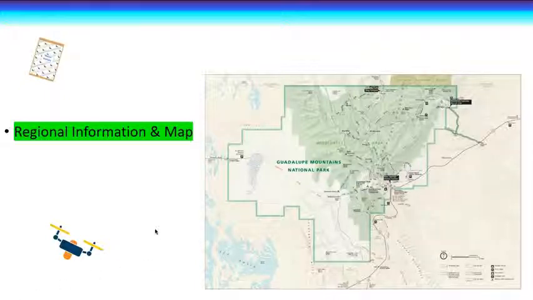Regional information and map. So there is a page with maps. This is where they are in Texas in the Guadalupe Mountains. And it's up in this top right-hand corner here, this trail, the McKittrick Canyon Trail. Okay, that's upper right corner. That's where those guys are.